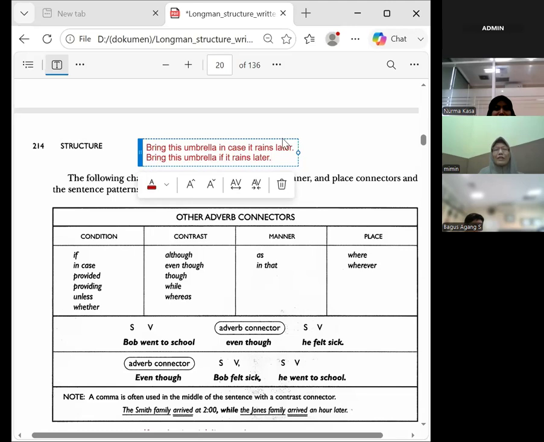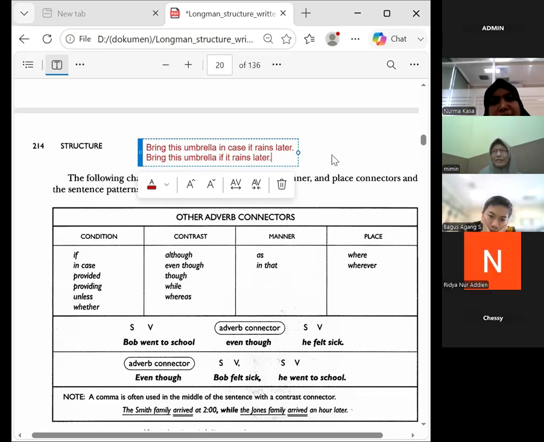What's the difference between these? Both sentences are correct in terms of the structure, but they have quite different meanings. Bring this umbrella in case it rains later means whether it rains later or not, you bring the umbrella. So, bawa payung ini kalau nanti hujan.